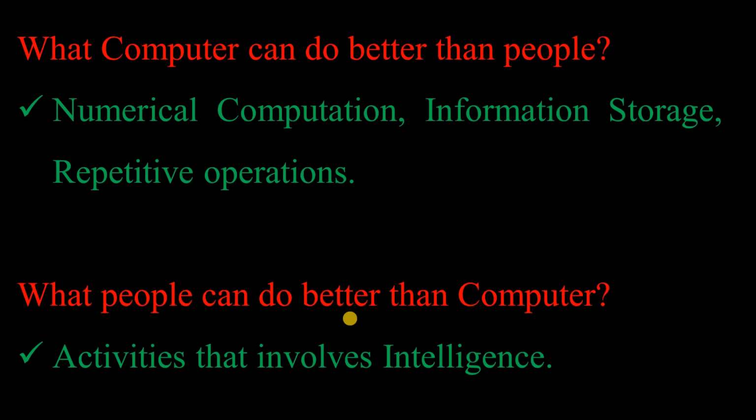That means checking the similarities and differences between situations, to criticize, to debate. Everything comes from thinking. Everything involves intelligence, and in all those activities, human beings are better than computers.